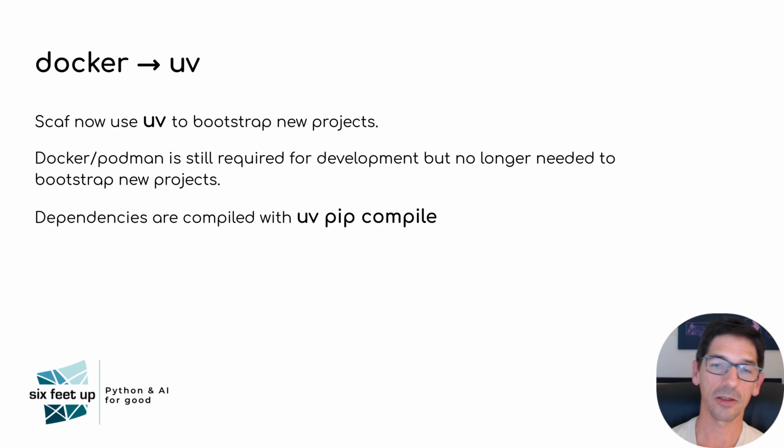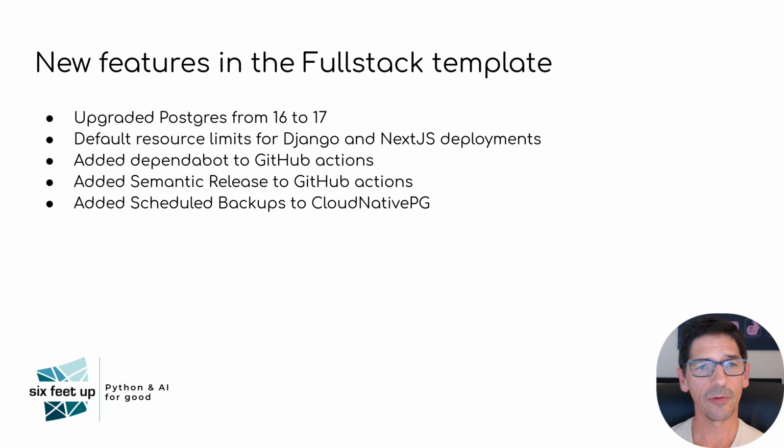And since this is Python specific, it was a perfect use case for UV. Once your project is bootstrapped, we now use UV pip compile to compile all the dependencies, which is needless to say a lot faster.